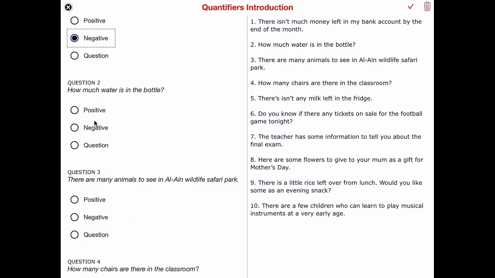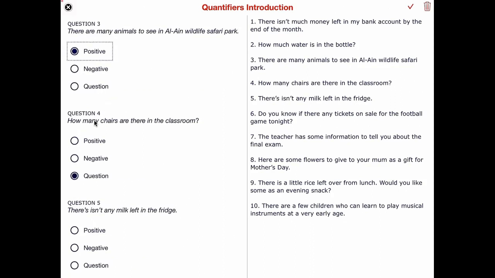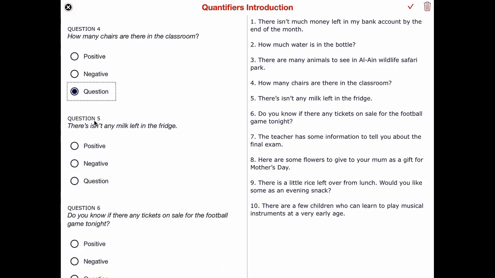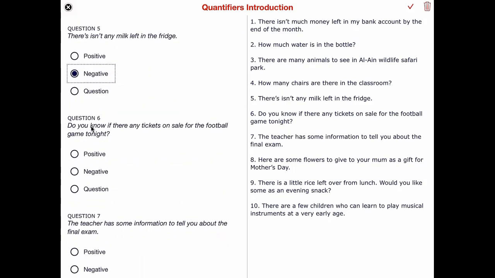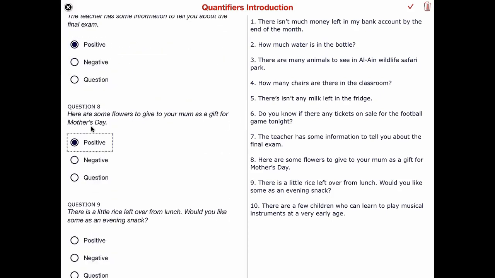Clearly this one has got a question mark, so that's a question. Then we've got, there are many animals, positive, question mark, question. Here we have isn't again, so that's a negative, a question, and then positive, positive.